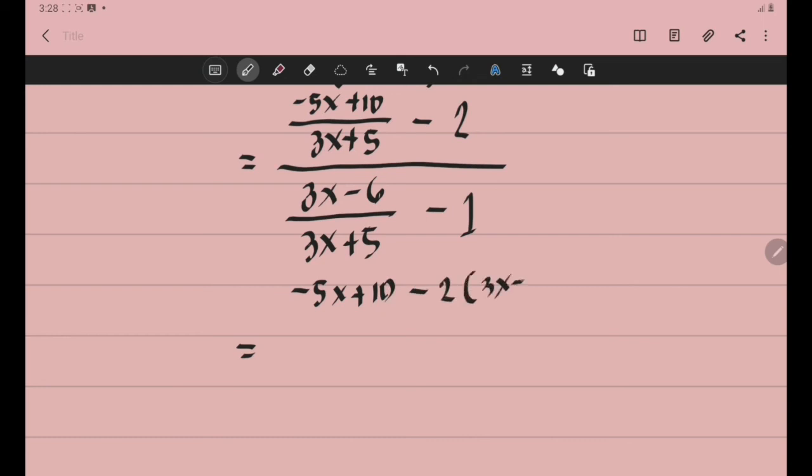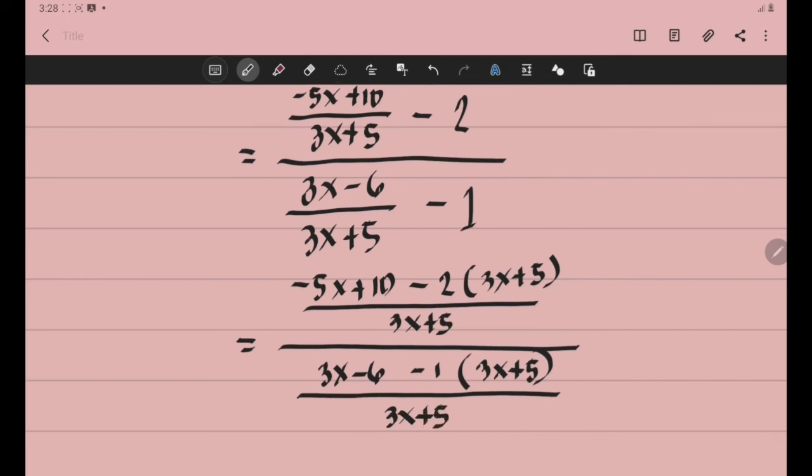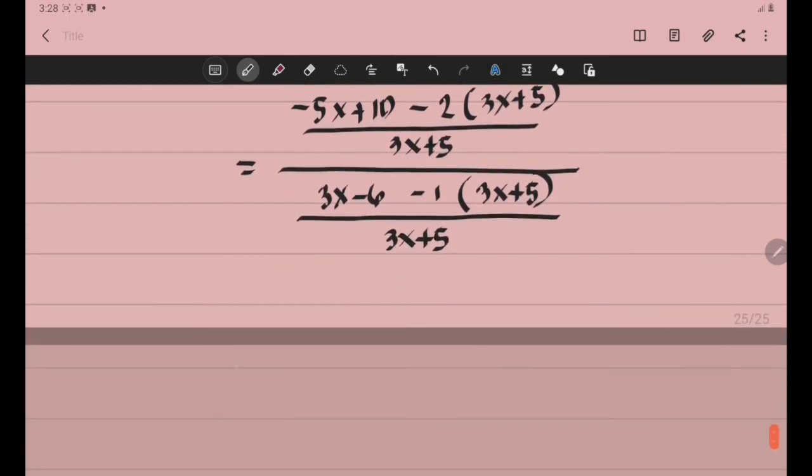So first, get the LCD. So that is 3x plus 5. And then sa denominator then, we have 3x minus 6 minus 1 multiplied by 3x plus 5 since siya ang ating LCD. And then, isimplify nyo lahat ng numerators na nandoon sa ating numerator at denominator.